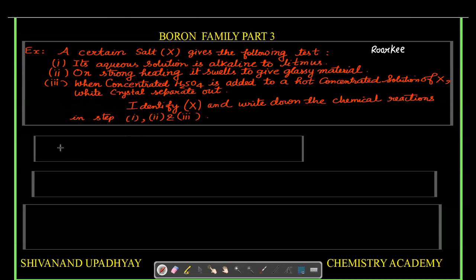So I can say that X will be borax, and the formula of borax we can write in two forms. I can write that borax is Na2B4O7.10H2O. And why we are writing Na2B4O7, we should understand. The actual structure is Na2, there are 4 boron atoms and 5 B-O-B bonds, and with each boron atom there are OH groups, 4 OH groups in total, 1 OH group with each boron atom.